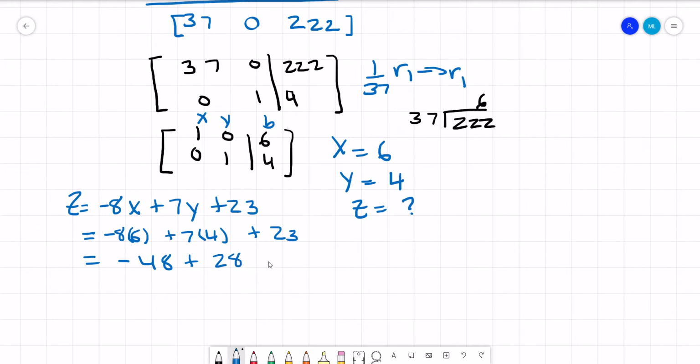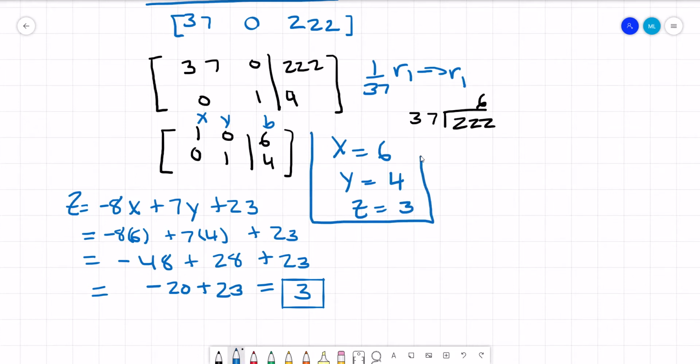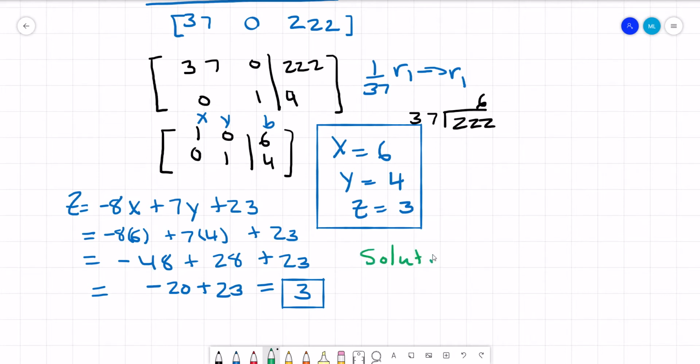Okay, so here you have plus 23, which should be equal to 3, because over here you're going to get negative 20 plus 23, which equals 3. So that tells me that in fact z is equal to 3. So now I have my complete solution, and we can represent that as an ordered triplet, or we'll just write the solution is 6, 4, 3.